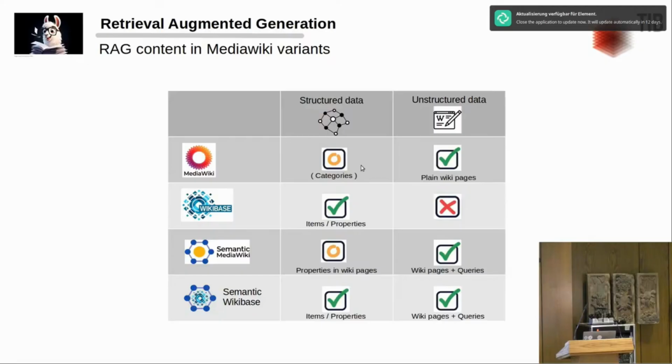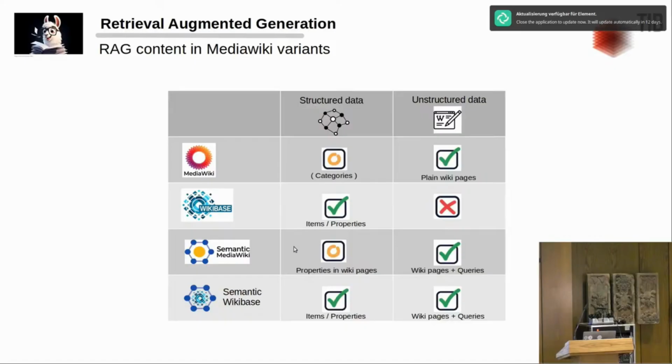But we also have MediaWiki categories, which are kind of structured data, but a bit of half-structured data, I would say. If we are using Wikibase, it's the opposite. We have items and properties which are saved as structured data. And normally we don't use Wikibase with MediaWiki articles, so we wouldn't have unstructured data here.